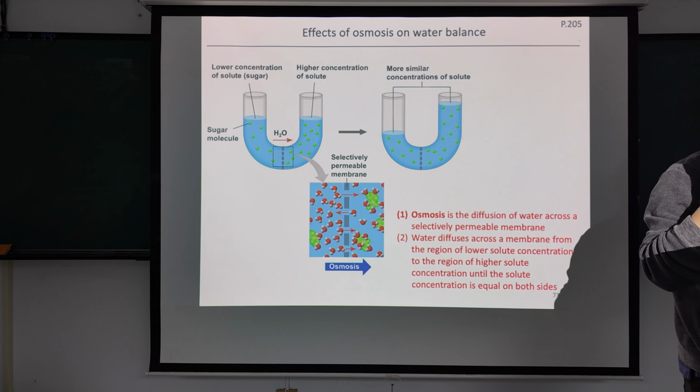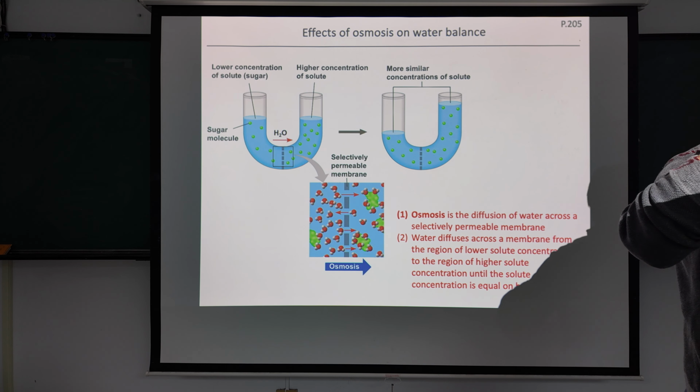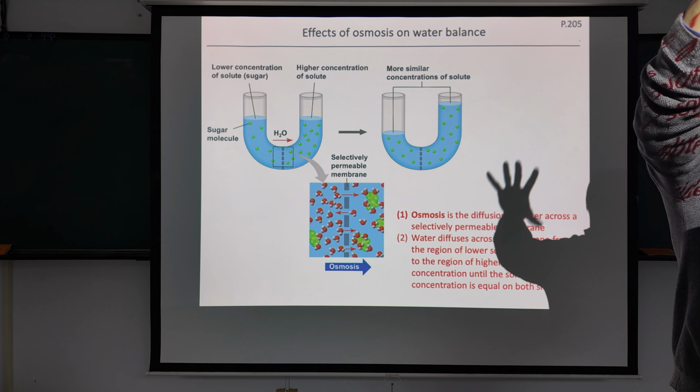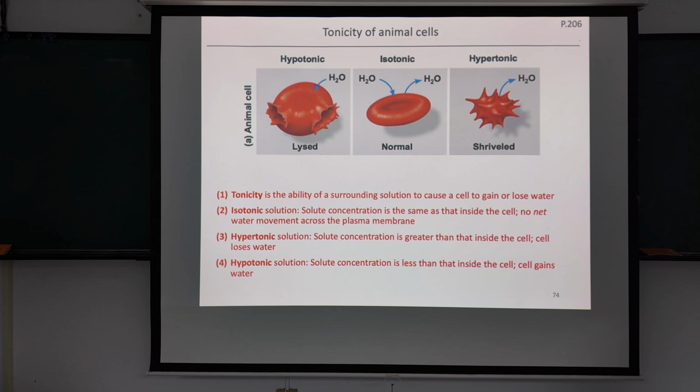That's the osmotic pressure. Okay, it's all about water. It's all about whether there is more substance that water can bind between these two pools. Okay? Yeah, so that is why our membrane is also a selectively permeable barrier.